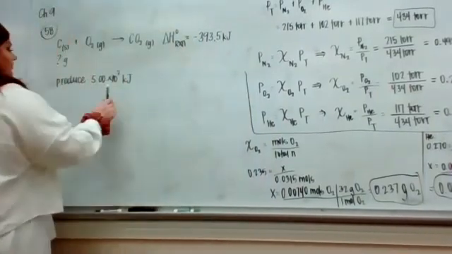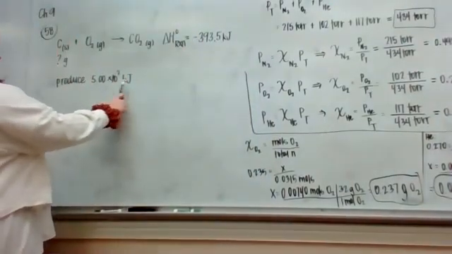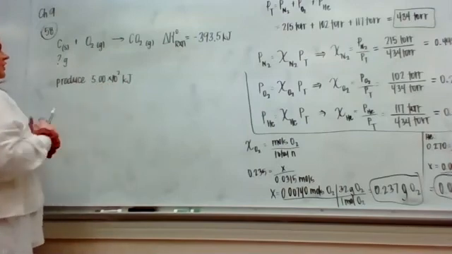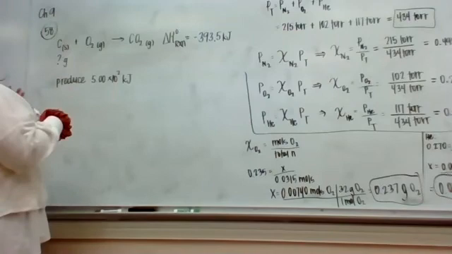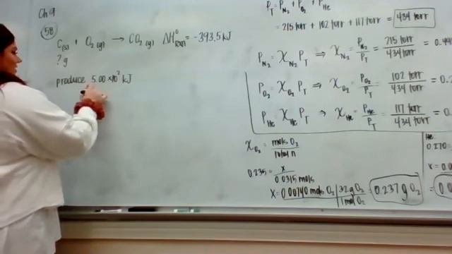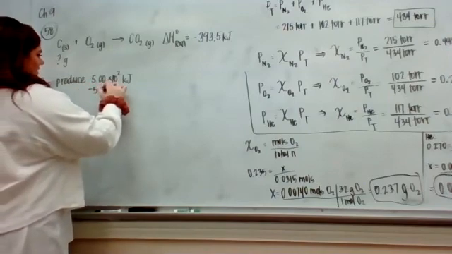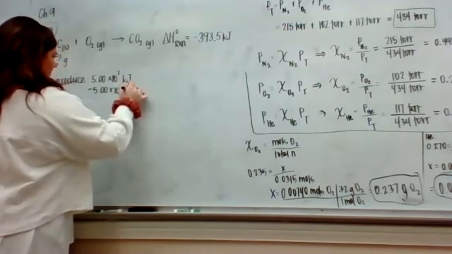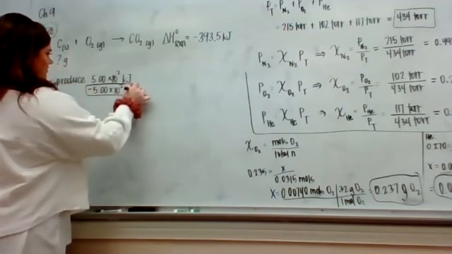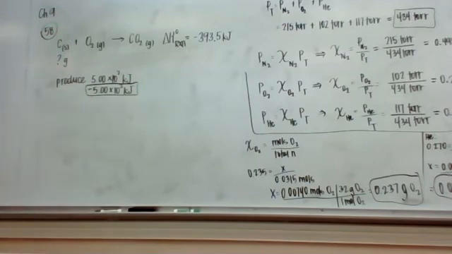If I produce 5 times 10 to the 2 kilojoules of heat, would that be positive heat or negative heat? Negative. So this would be negative. If I were to plug this in the equation somewhere, I would use the negative.